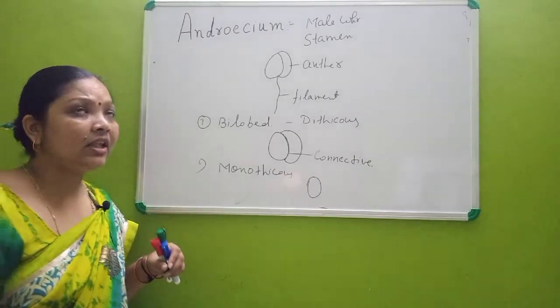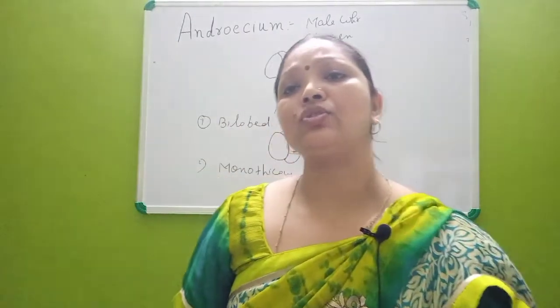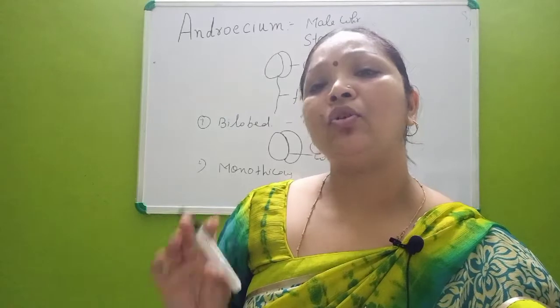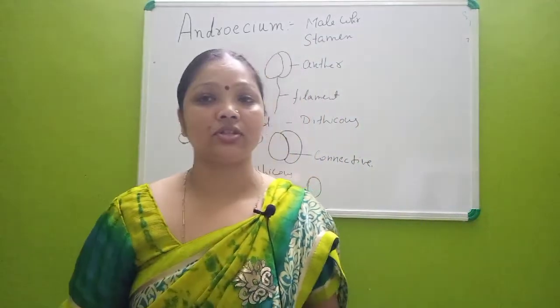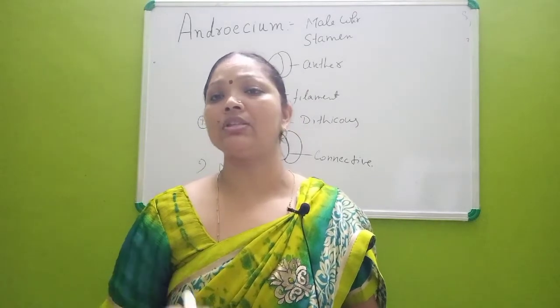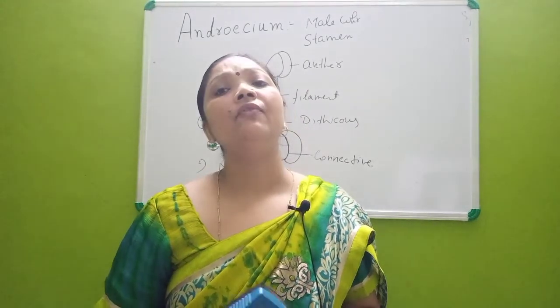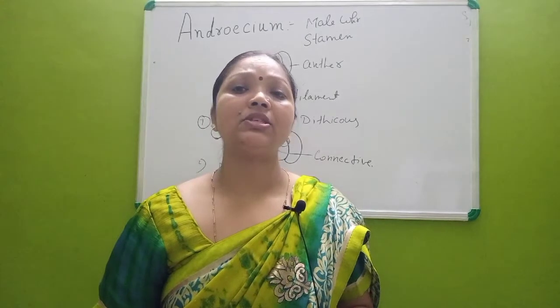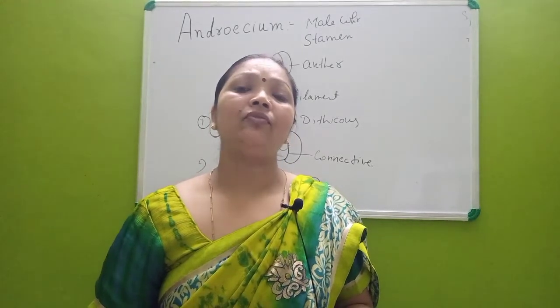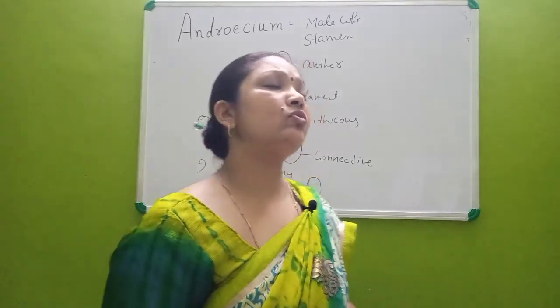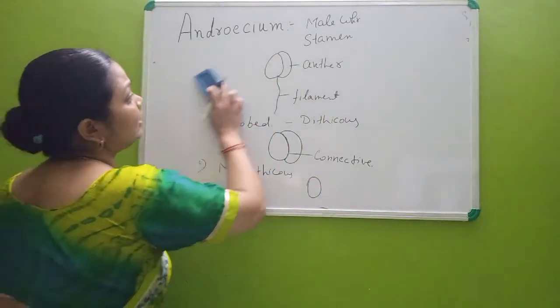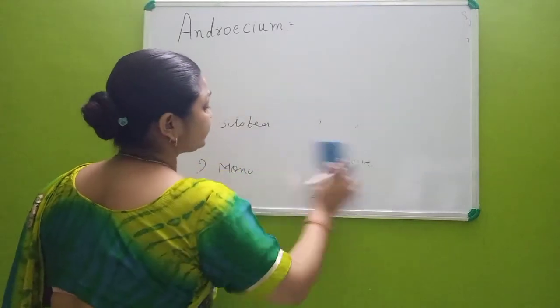Now we have said that stamen has two structures: one is the bilobed structure called anther, and one is the thread-like structure called filament. So on the basis of attachment, that is, where the filament is attached to the anther, the androecium or the stamen is divided into the following types.